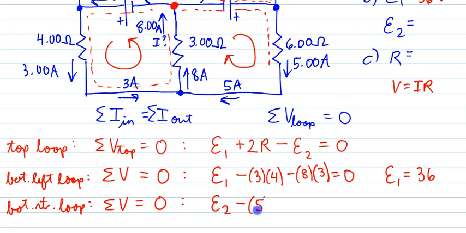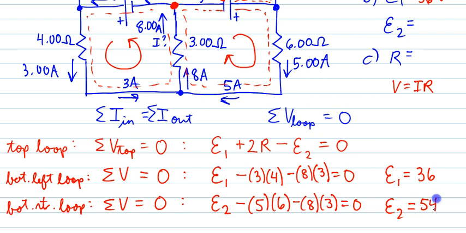So it's going to be I times R. And then we go through the 3 ohm resistor the normal way. So it's I times R. And that's going to be equal to 0. So our second voltage is going to be, if I can do math, 54.